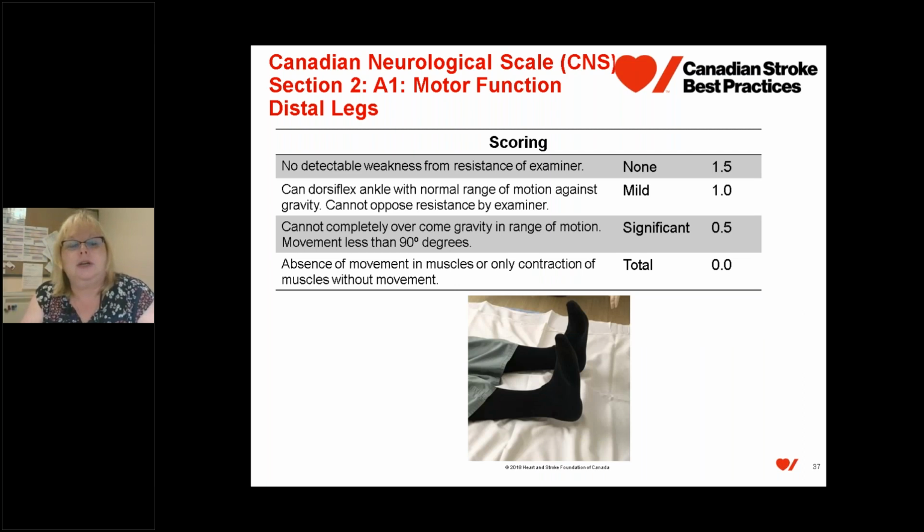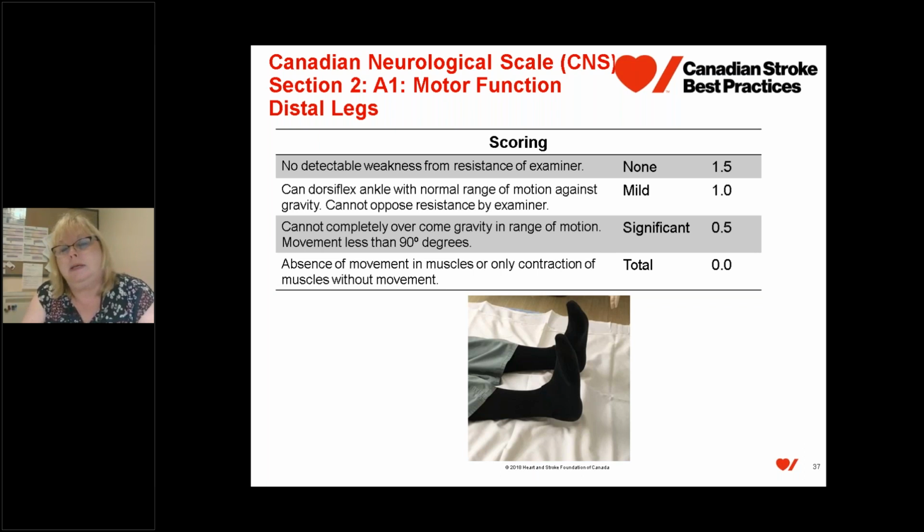Here, if the patient has some movement of the toes and the foot, but is not able to dorsiflex their foot back to 90 degrees, the patient will be scored as significant. If the patient is able to dorsiflex their ankle with full range, but cannot oppose the resistance of the examiner, the patient would be scored as mild.